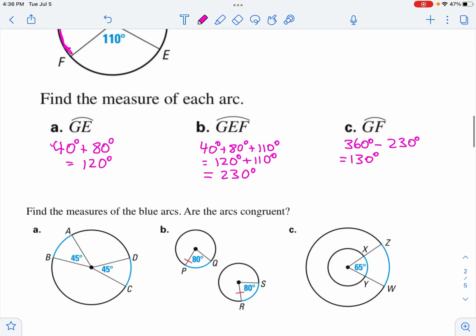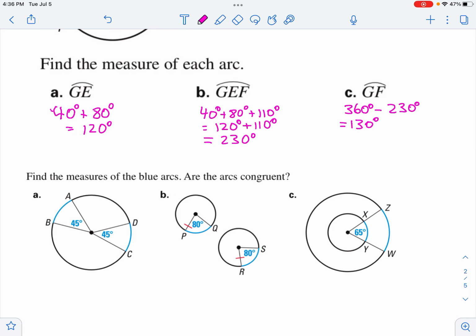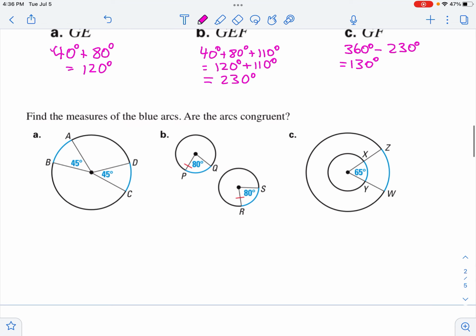Okay. Now, we know what we mean by the measure of an arc, but what do we mean when we say two arcs are congruent? Well, let's investigate a little bit. You can see here we've got a circle and we've got arc AB is the same measure as arc DC.